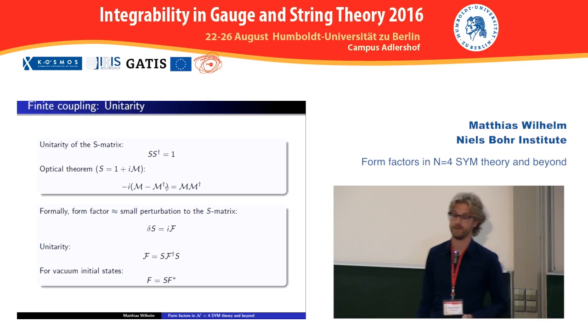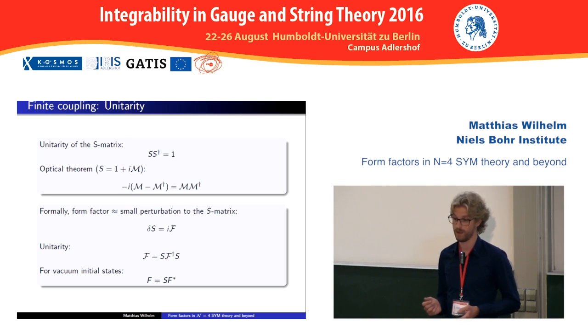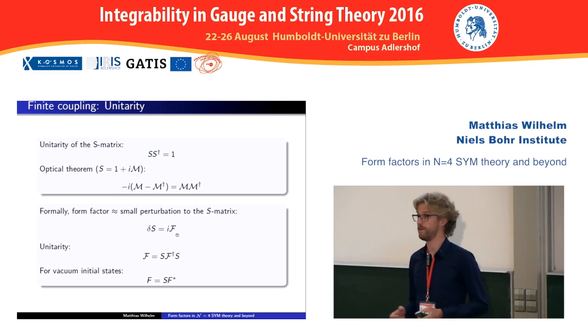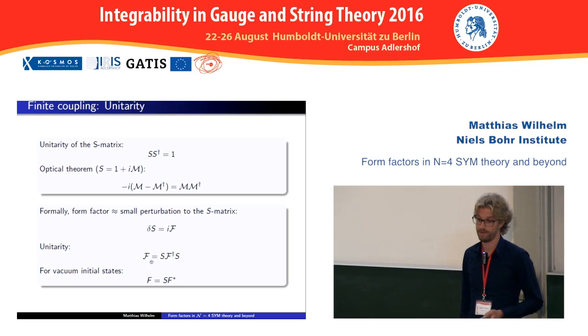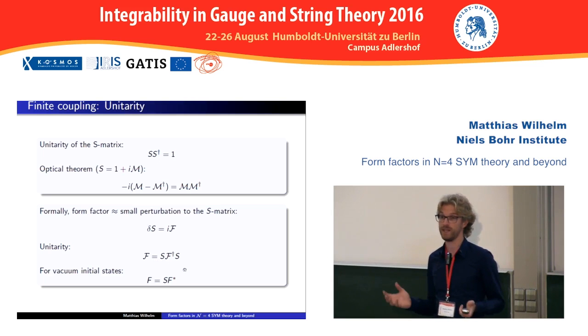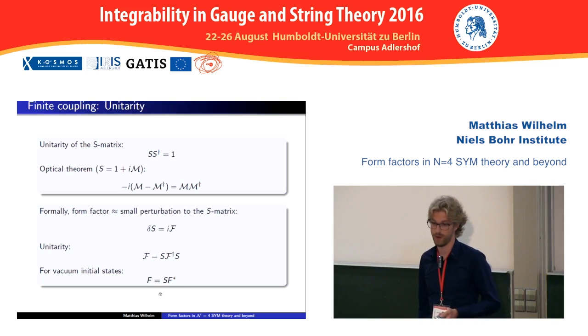Formally, form factors can be considered as small perturbations to the S matrix, where we now use curly font F to denote form factors which have non-vanishing initial as well as final states. Then unitarity tells us that F is equal to S F dagger S. If we restrict this to the usual situation where the initial state is the vacuum, this equation reduces to F equals S F star.